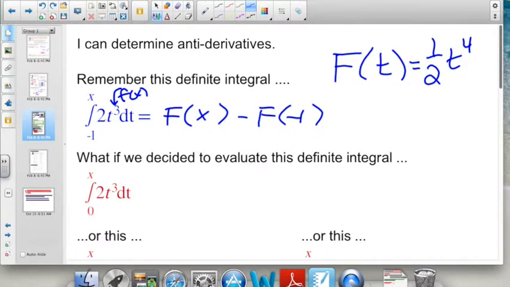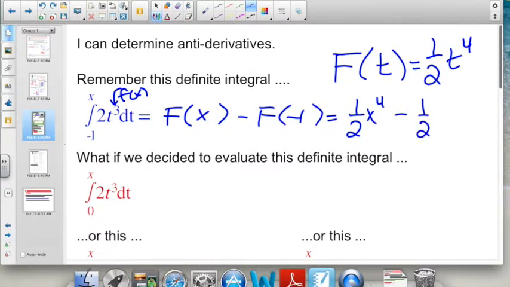We have a lower and an upper bound. Evaluating the antiderivative at x just means doing what? Switching a t for x. Exactly, switching a t for x. And then evaluating this at -1 gets us what? 1/2.